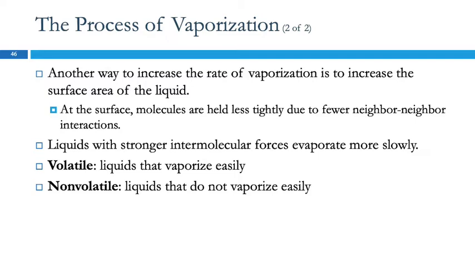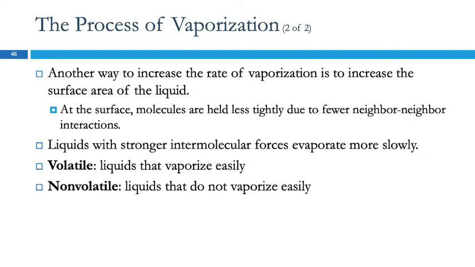Well, that would be fast. Acetone would evaporate quickly. Slow. Oil. Yeah, if you have a pan of oil on the stove, you could probably let that sit there for years and it wouldn't evaporate.